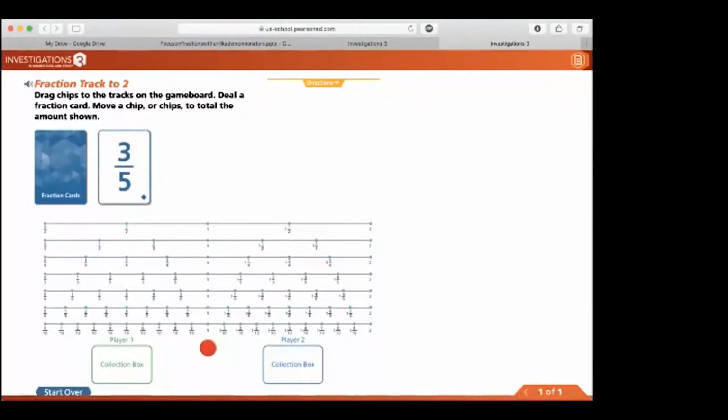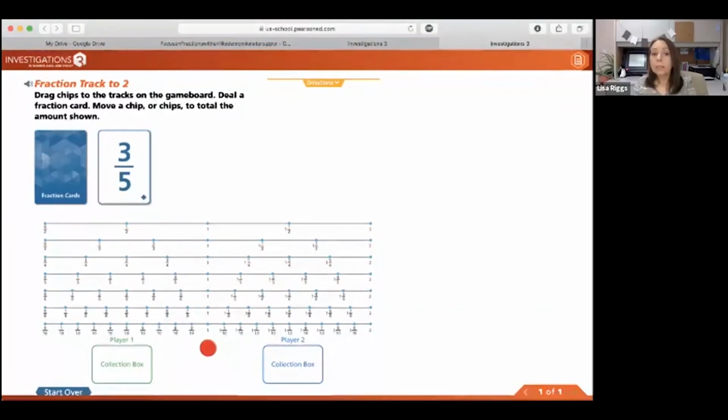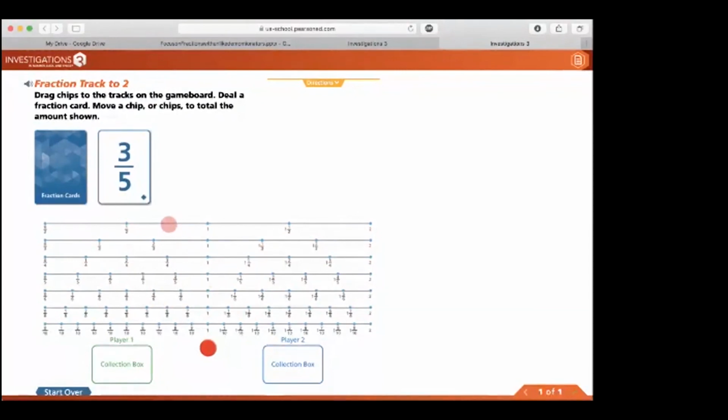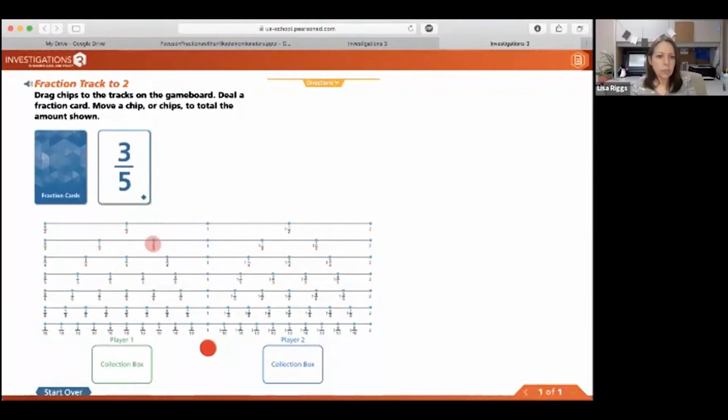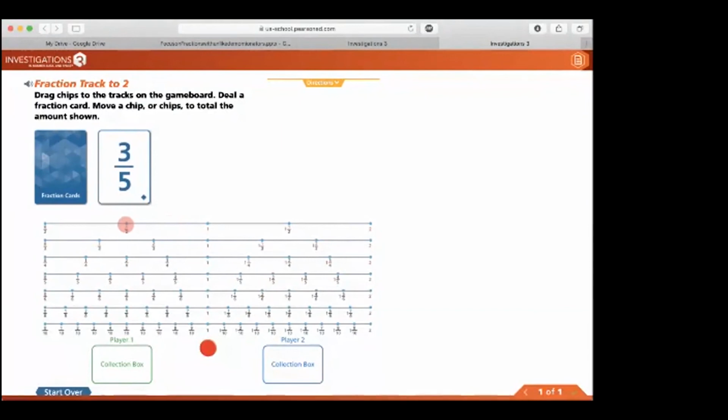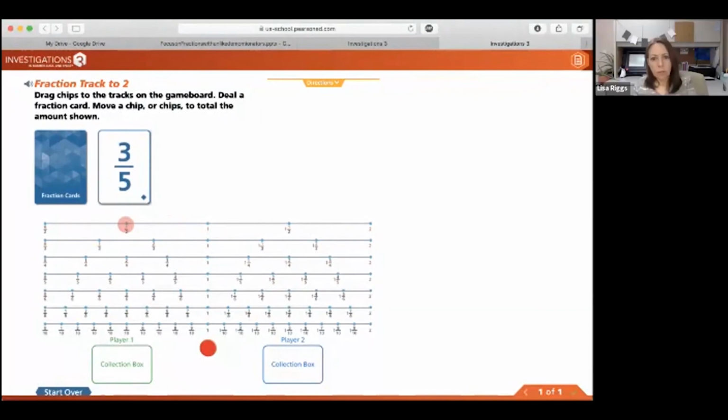I'm curious, Lisa, does it force you to only play on one of the tick marks? You know what? I did not try to put it like, do you mean like that? I could put it there. Okay, I was curious. But I think the directions ask you to place a counter on each line to be your starting point. And then you go from there to add on or subtract to get to 2.